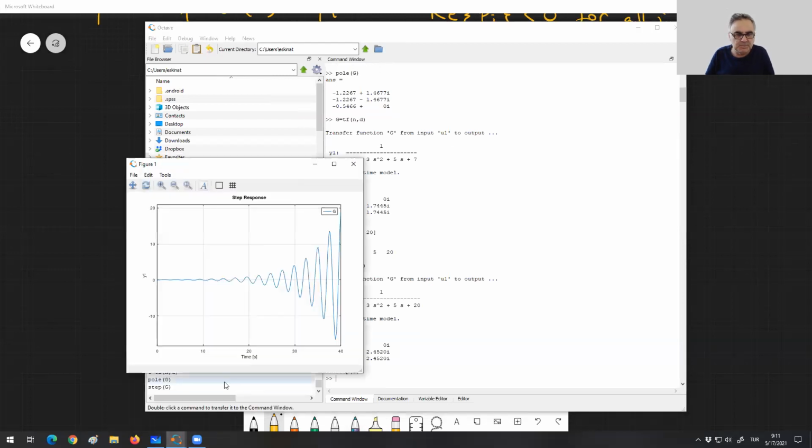This one will be unstable, as you see. It will start from a very low value, but eventually the response is going to grow up. This response is unstable, as you can see. Okay? So systems get unstable when their poles have positive real parts.